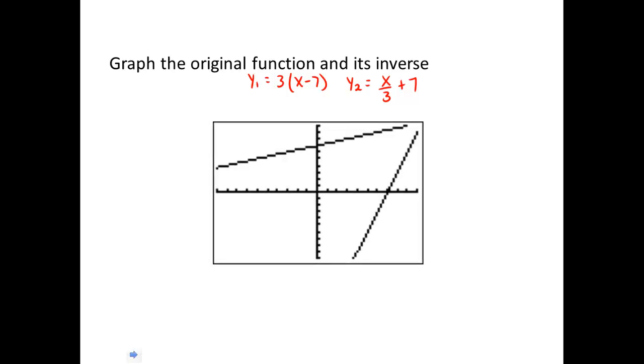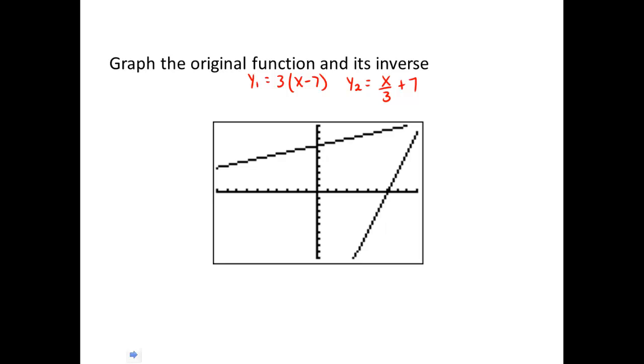Okay, so in your calculators, go ahead and put in y1 the original, which was 3 parentheses x minus 7, and in y2, x over 3 plus 7. Your graph should look like this.